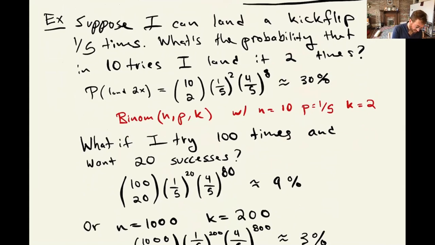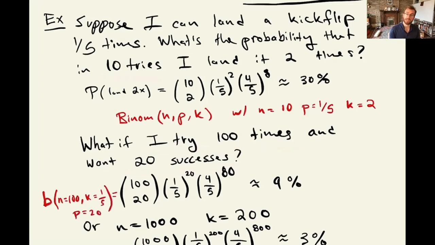So let's repeat this and say, what if I try 100 times and I want to know the probability of 20 successes? Notice I've just multiplied all the numbers in the first version of this problem by 10. So if I were to use my binomial formula, this is binomial with n equals 100, p is still 1/5, but now k equals 20.